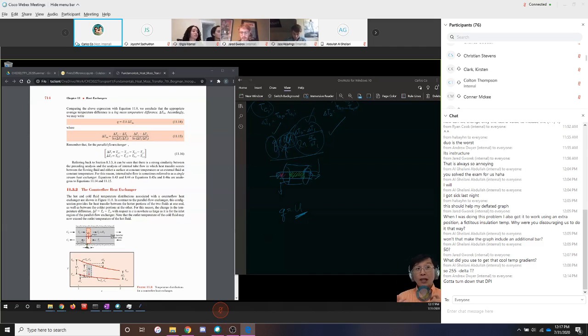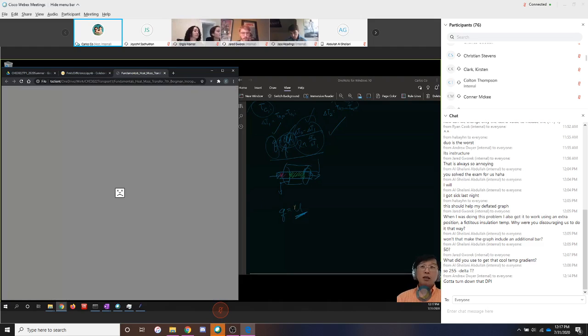Does it really change my value of U a lot? Well, it changes it somewhat, but once it's turbulent it doesn't change too much anymore. If you adjust the flow rates, what it really changes are these heat capacity rates, because those are flow rates multiplied by heat capacity. So if you change your mass flow rates, it changes those values. Changing the mass flow rate will also have an effect on U.